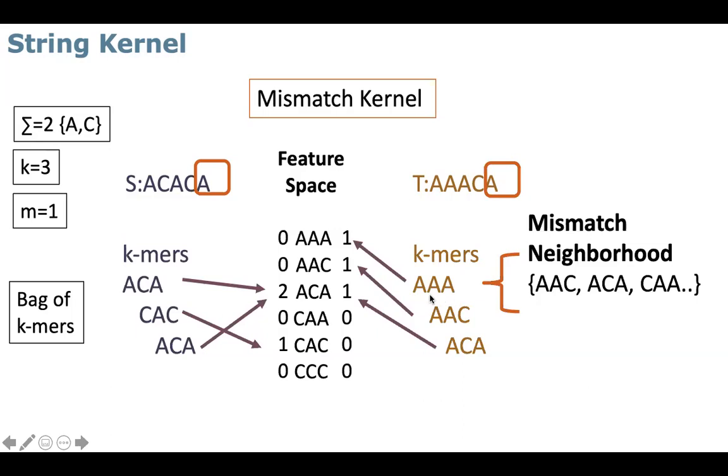When I'm counting its co-occurrence in the sequence S, I'm not only considering the AAA appearance in S, I'm also considering all those substrings within one mismatch of AAA, which in this case can be AAC, ACE, and CCA. Because AAA has one occurrence in the sequence T, and you count all the possible within-one-mismatch k-mers in the sequence S, you get that co-occurrence count for AAA. This increases computation dramatically beyond the previous spectrum kernel, because you need to do this mismatch calculation, search, and counting.